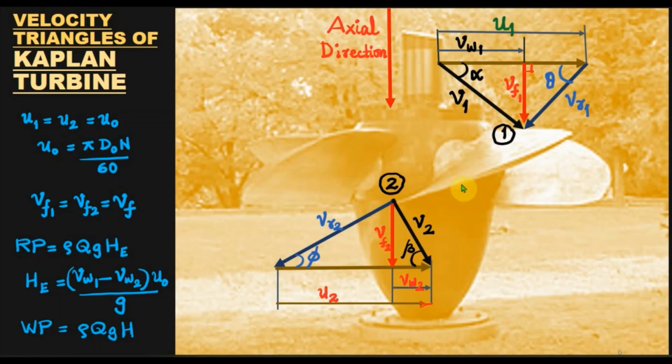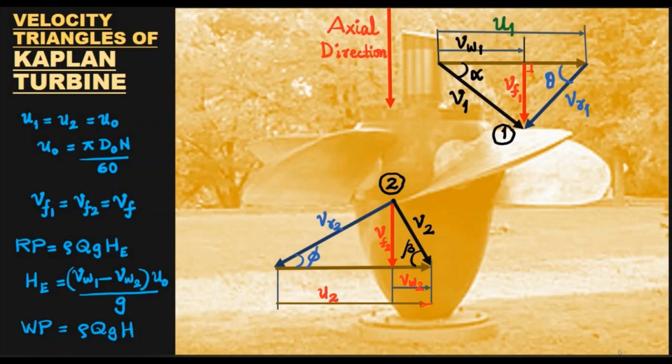Now consider the velocity triangle at outlet 2. For a shockless exit, the relative velocity must be tangential to the blade surface at exit. That is this component, VR2. Remember, VR2 in the case of axial flow turbines, and reaction turbines for that matter, will be greater than the relative velocity at inlet. So VR2 must be greater than VR1 in the case of reaction turbines.